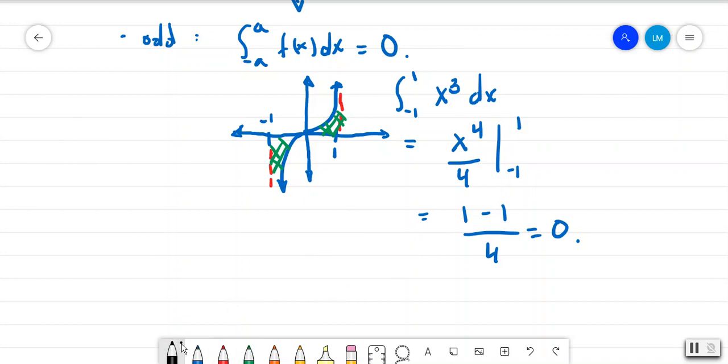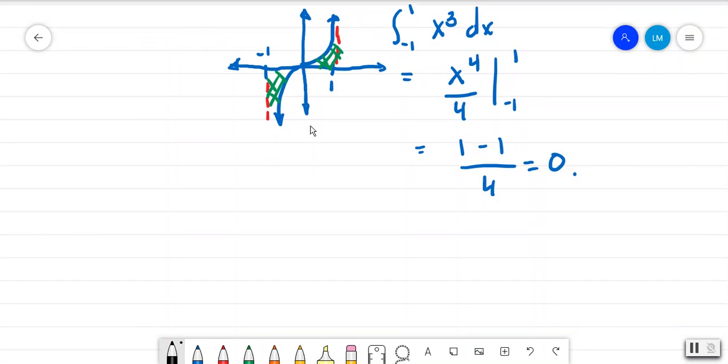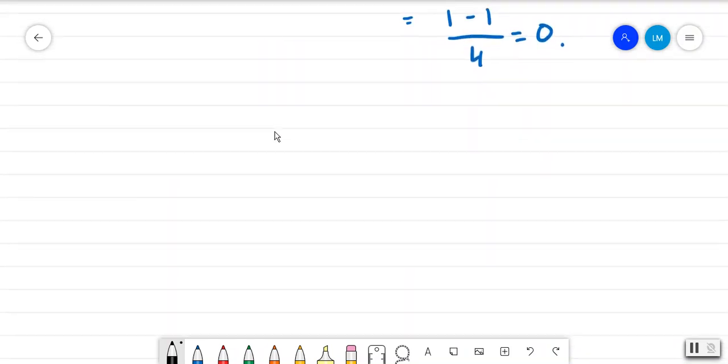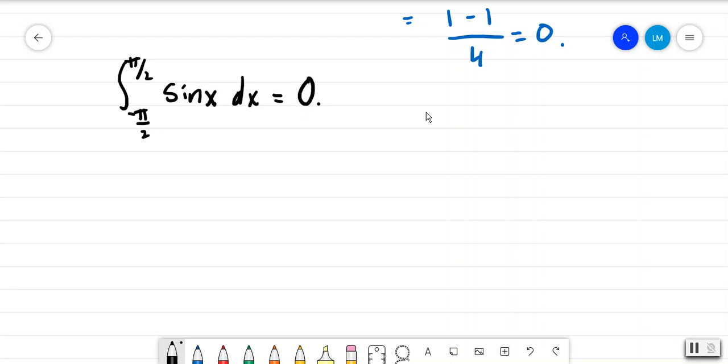So how we can use this to our advantage is mostly just by recognizing that a function is even or odd. So for example, I know that if I integrate from negative pi over 2 to pi over 2 of sine of x dx, this is going to have to equal 0.